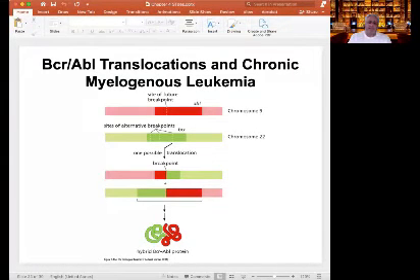On this particular slide, we're going to look at this movement of DNA from one location to another. And in this particular example, the breakpoints are hotspots. That means they're very, very much preferred over other regions of the DNA. So it's not an entirely random process.